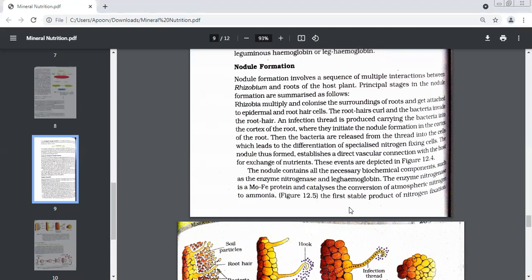Please read quickly once again, formation of a nodule, so that we can move on to the next topic. You should be able to express yourself in steps, that yes, this happens first, then this happens.